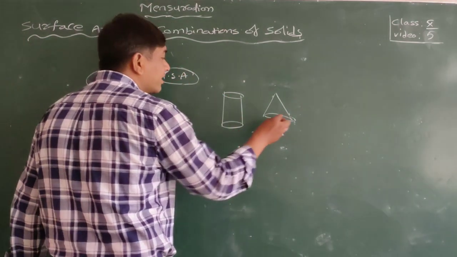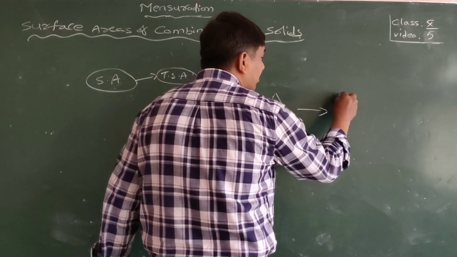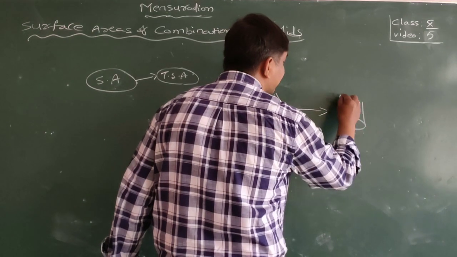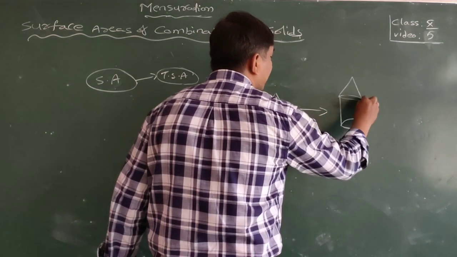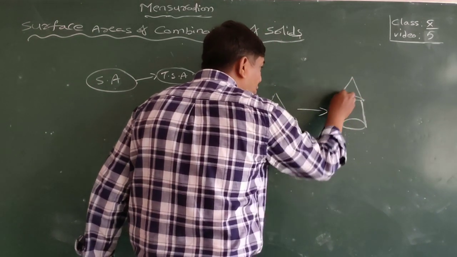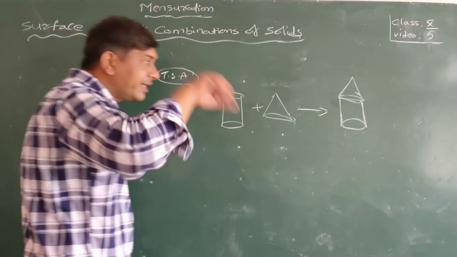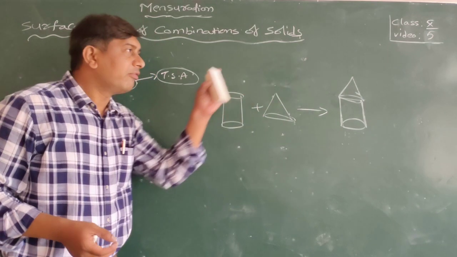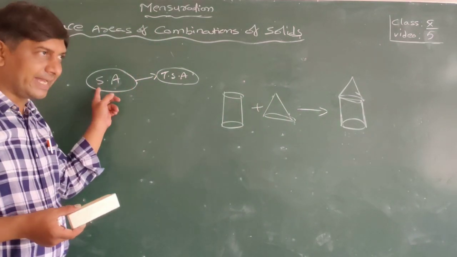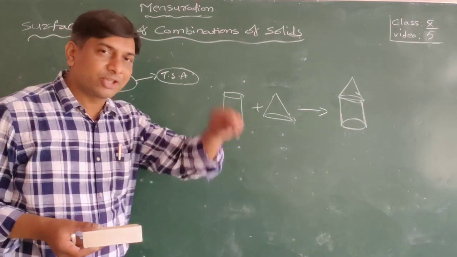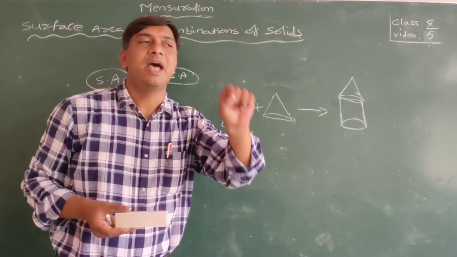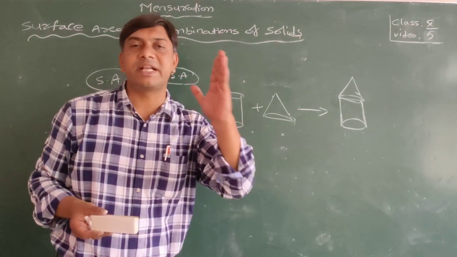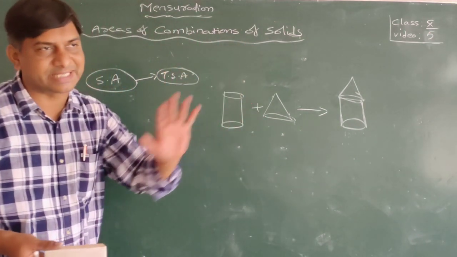Then your resultant solid will be in this shape: a cylinder is there and a cone is there. Though it is a combined figure of two different solids, we need to find the surface area. That is TSA, but though they ask for the TSA, we need not use the TSA formula in this whole concept.